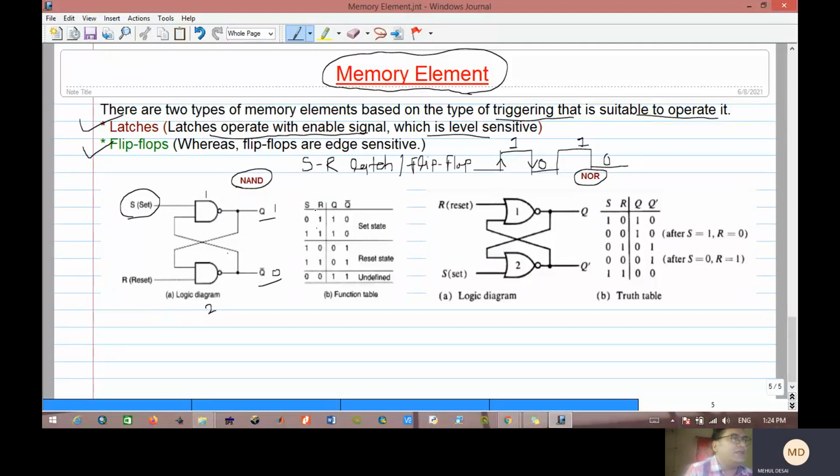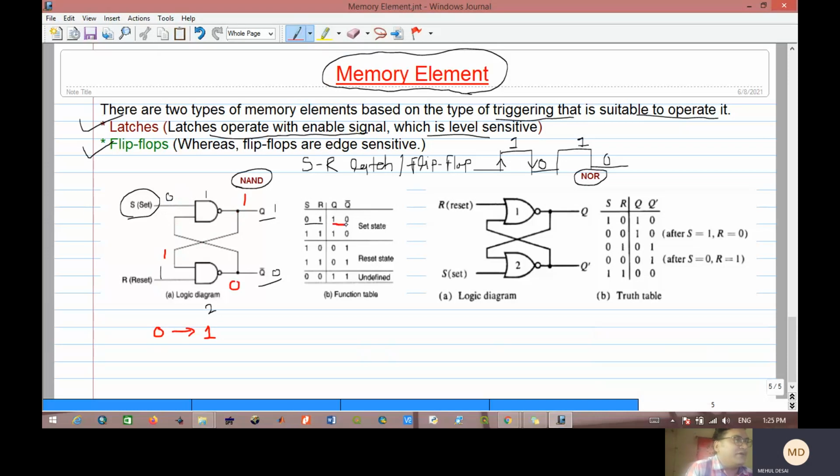So based on the S and R inputs, the possibilities are 00, 01, 10 and 11. Let's first take input 0 and 1. This one is 0 and this one is 1. We know the truth table of the NAND gate: if an input is 0, then the output is definitely 1. So here 0 is there, so its output is 1. And this 1 comes here, so 1 and 1 gives 0.